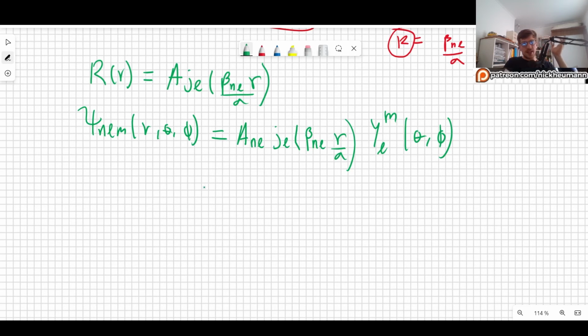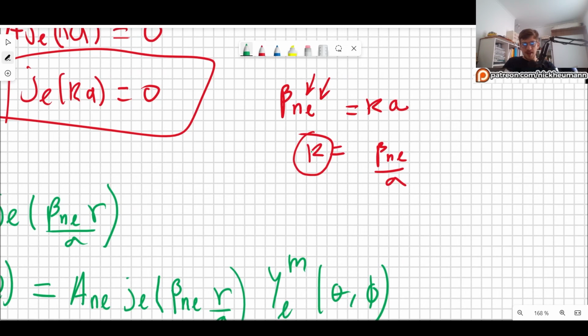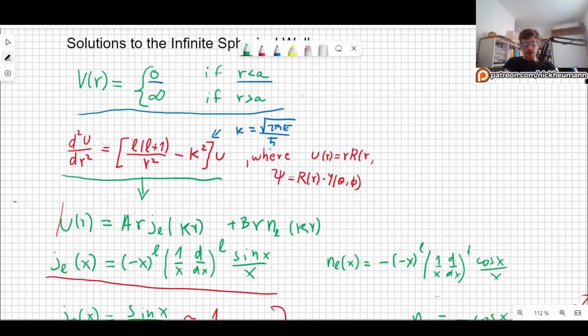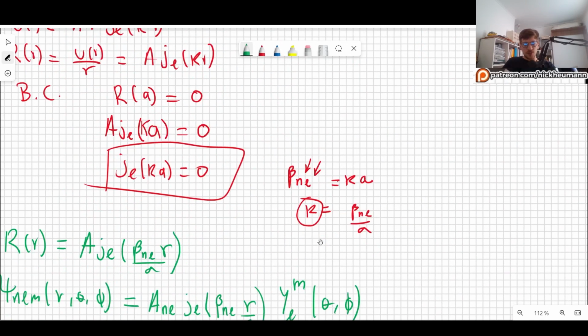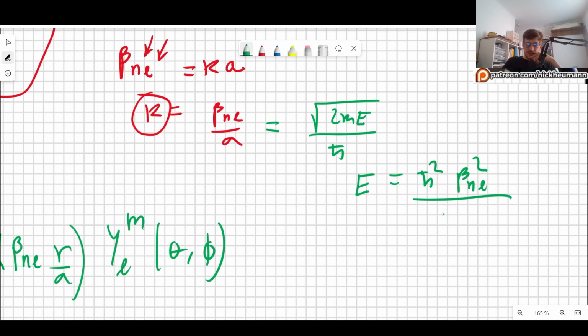And now, what about the energies? Well, we know that k is related to this beta, and k is also, right up here, related to the energy. So if we know that k is this, but k is also the square root of 2mE divided by h bar, then we can see, squaring this and solving for E, that E is going to be h bar squared times beta_nl squared divided by 2ma squared.